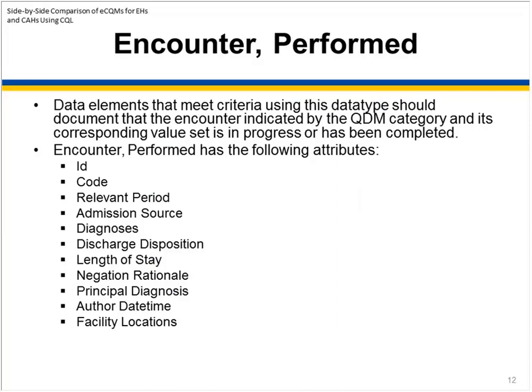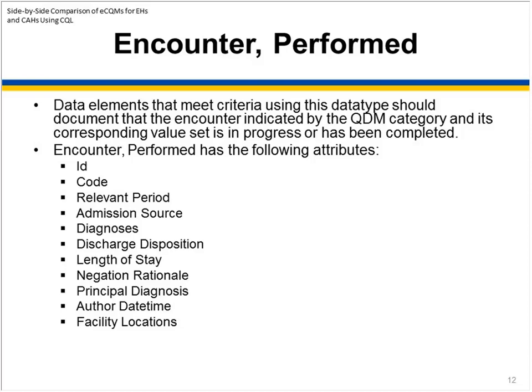That's the definition from the quality data model specification. This is the 5.3 version of encounter performed. So you'll notice some differences. Relevant period, for example, replaces the admission time and discharge time attributes. And you'll see that kind of change throughout QDM. Relevant period is an interval, meaning it has a start and an end.